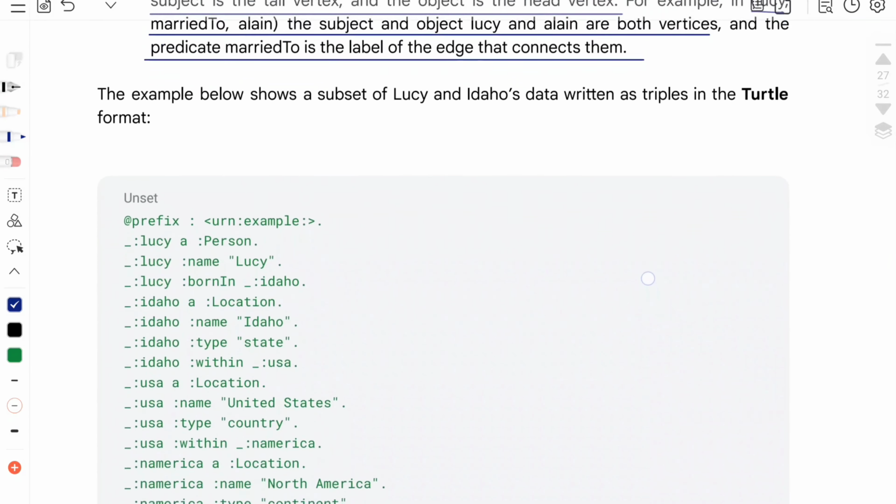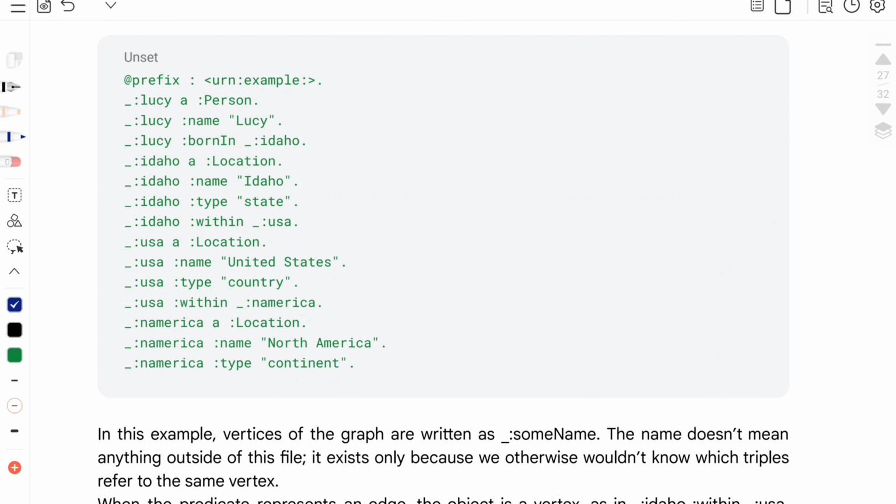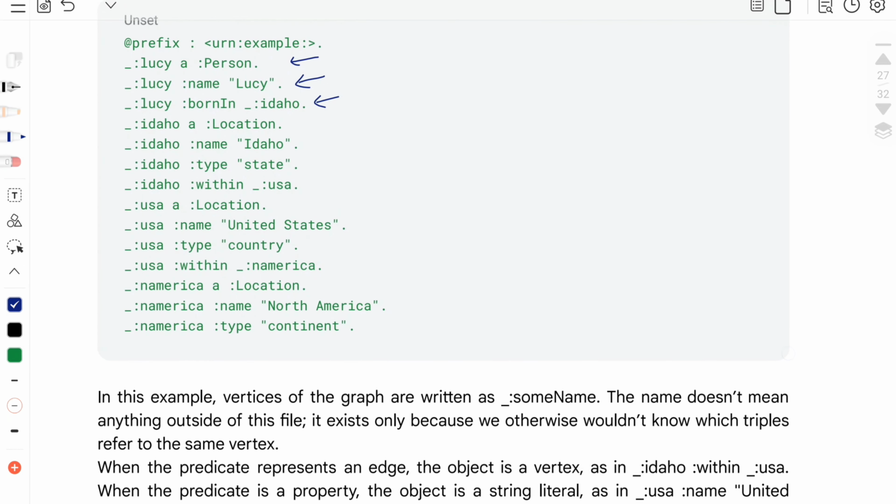This example shows a subset of Lucy and Idaho's data written as triples in the Turtle format. Here you can see that Lucy is a person, Lucy's name is Lucy, Lucy is born in Idaho, and so on. In this example, vertices of the graph are written as some name. The name doesn't mean anything outside of this file.